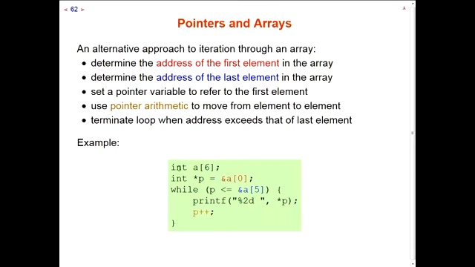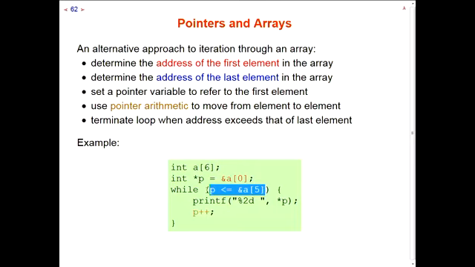To give you an example, suppose we have an integer array of size 6. Then we can iterate through that array by using not an index variable, but a pointer variable that starts with the address of the first element, ampersand A0. And then while the address is not larger than the address of the last element, we can do this because we know an array will always be in one linear chunk of memory.